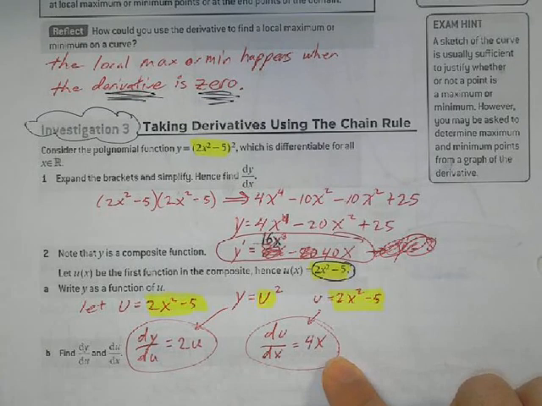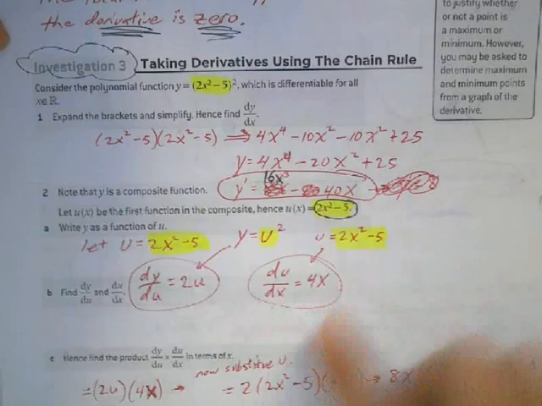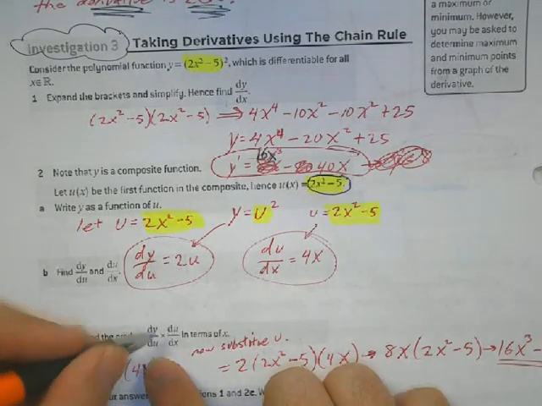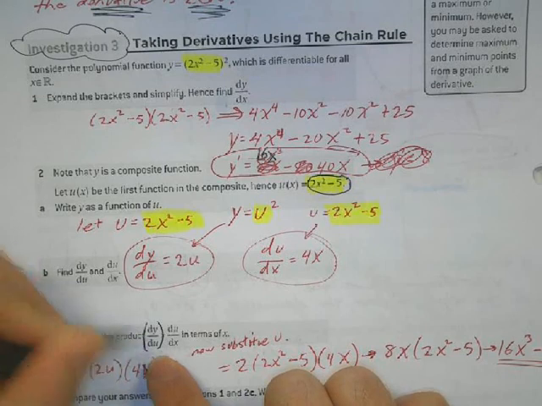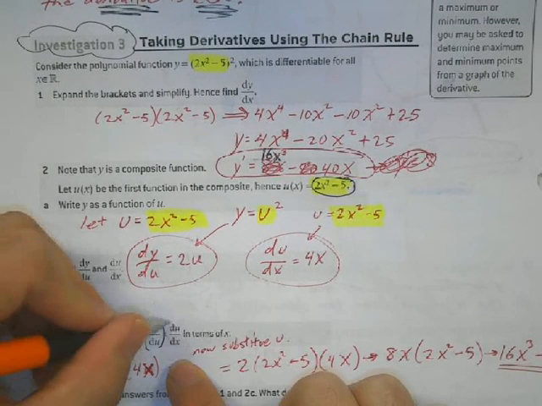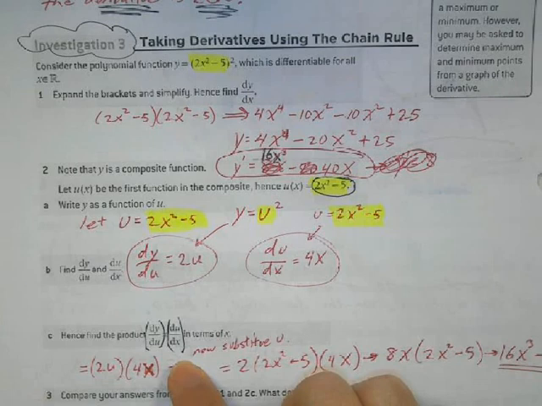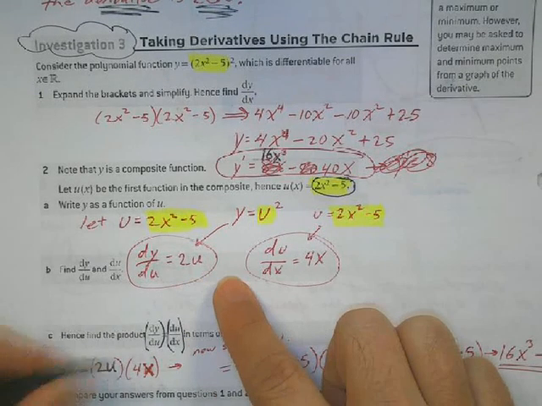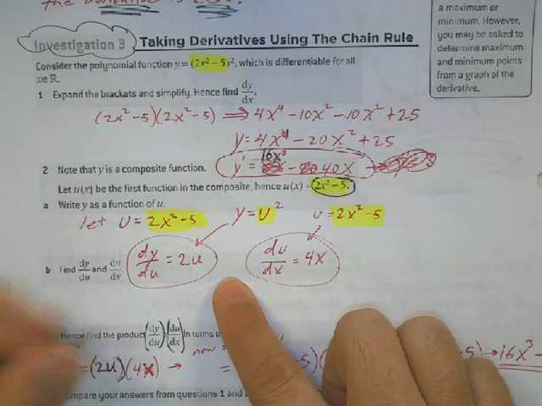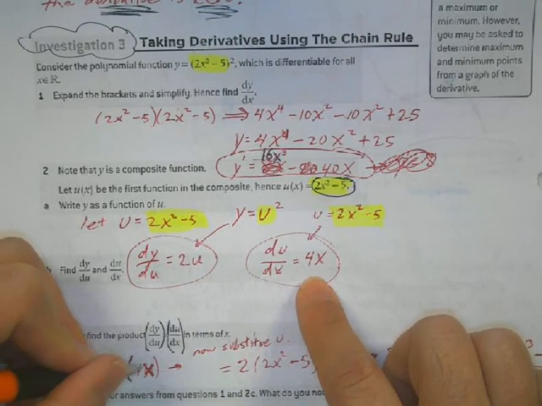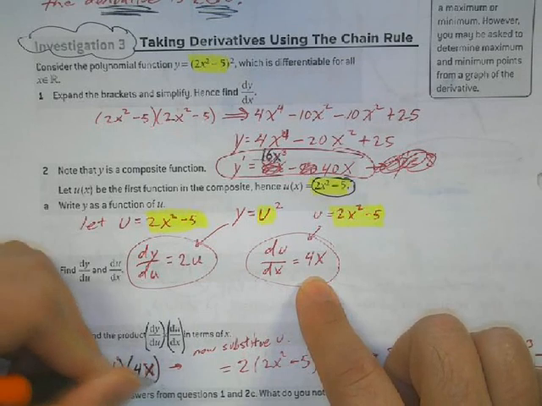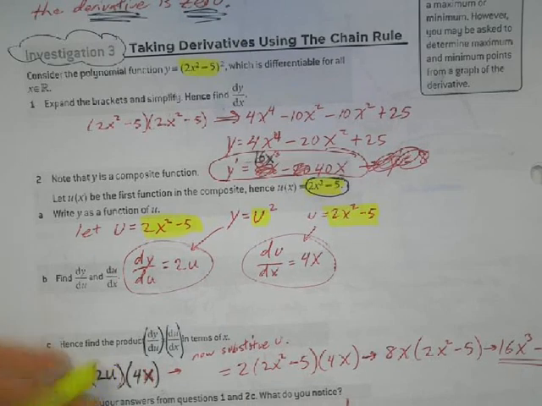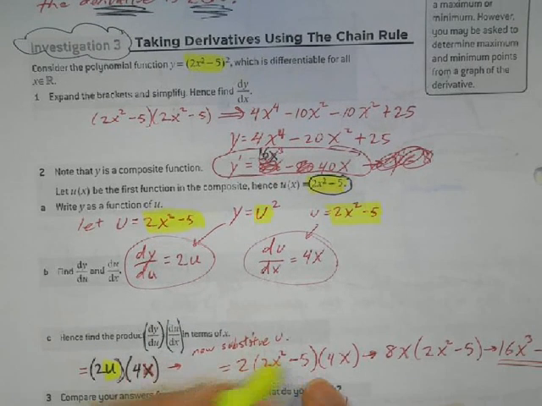Okay, and now we're going to do something called the chain rule. So the chain rule says I can have the derivative dy/du times the derivative du/dx. So basically, the 2u, and then times 4x. Okay, and now I'm going to replace u with my 2x squared minus 5.